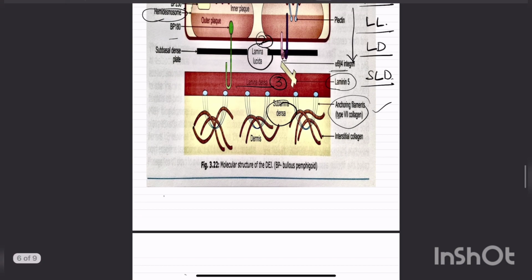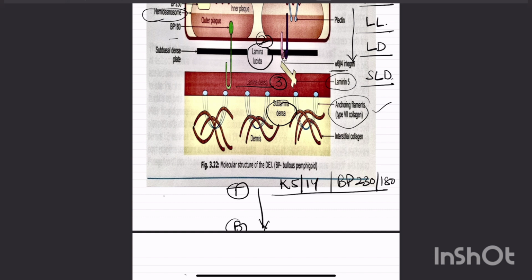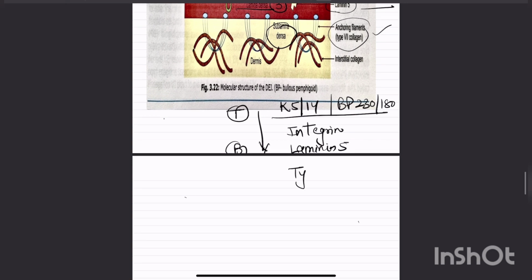So the question which is asked is the layers from top to bottom. So we have keratin 5, 14, BP antigen 230, 180, followed by integrin layer in lamina lucida, and laminin 5 followed by type 7 collagen in anchoring filaments. Very important question.